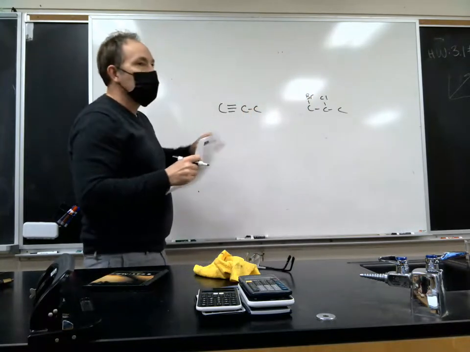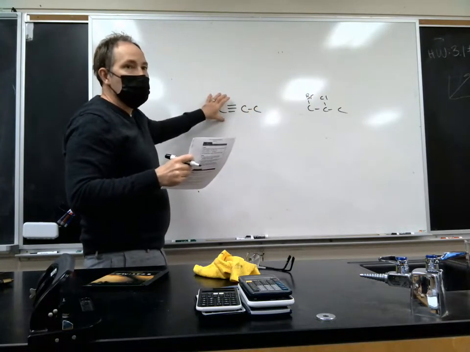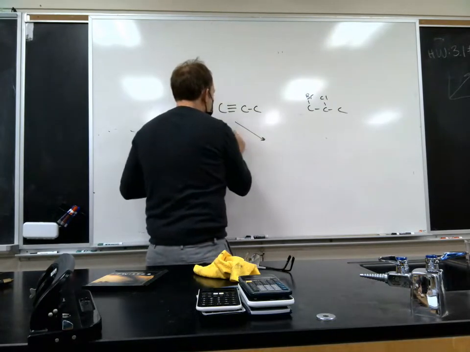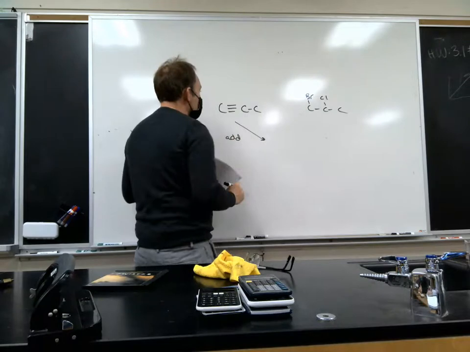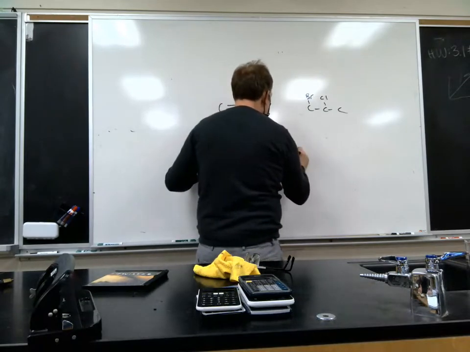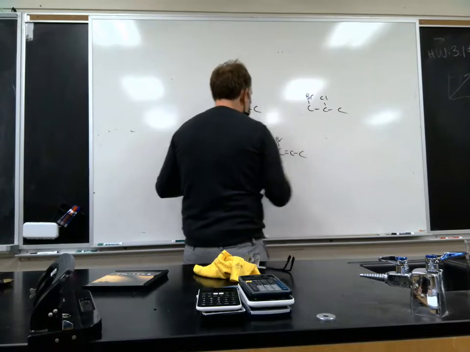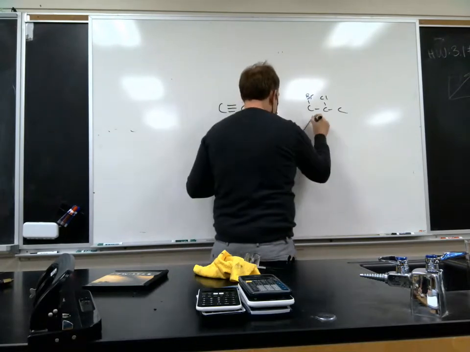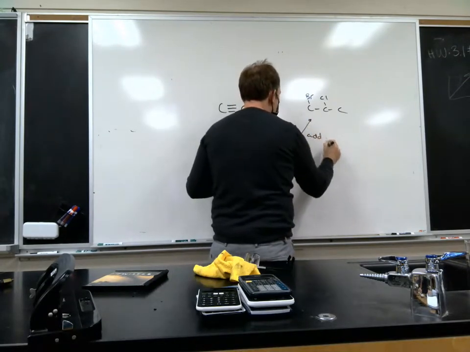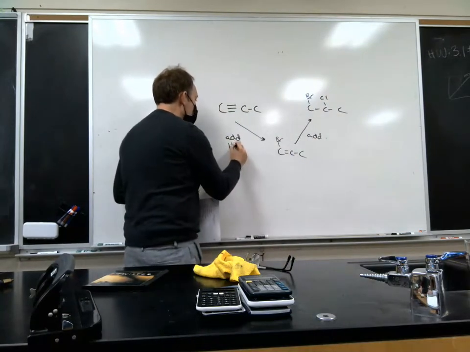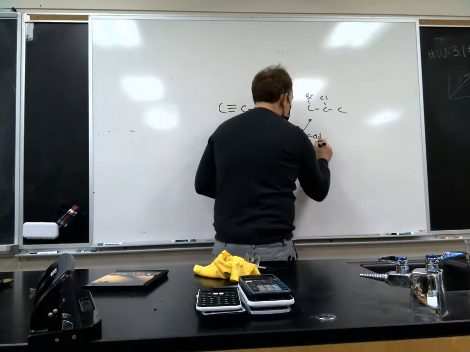The only way to get rid of multiple bonds is to do additions. So what we're gonna do here, and some people in this class won't have seen this before, is we're gonna add, and what that's gonna do is break one of the bonds. So I'm gonna put Br there, then I'm gonna add to break the second one. So I'm gonna add on the Cl. So I'd add HBr, and I'd add HCl.